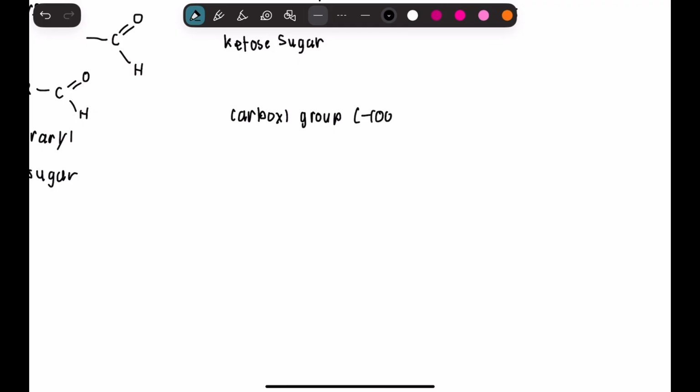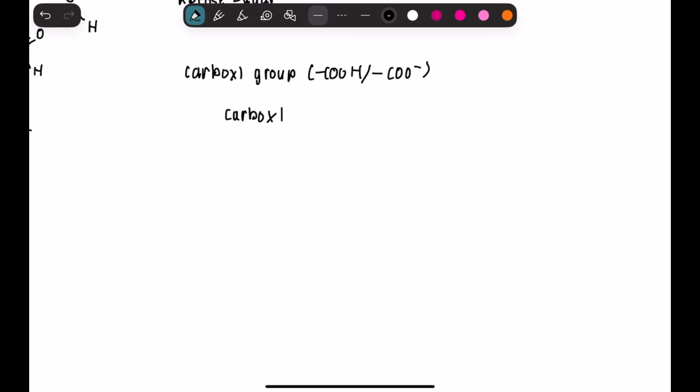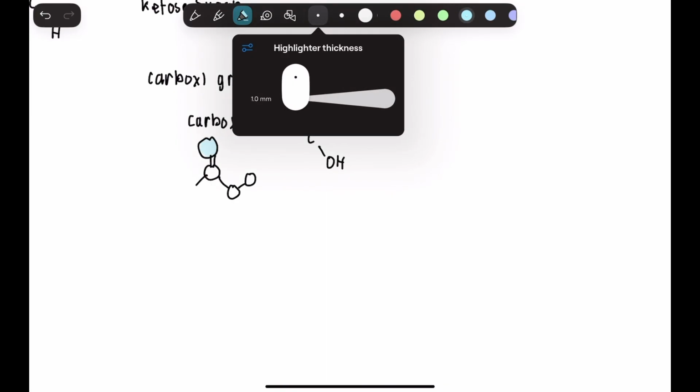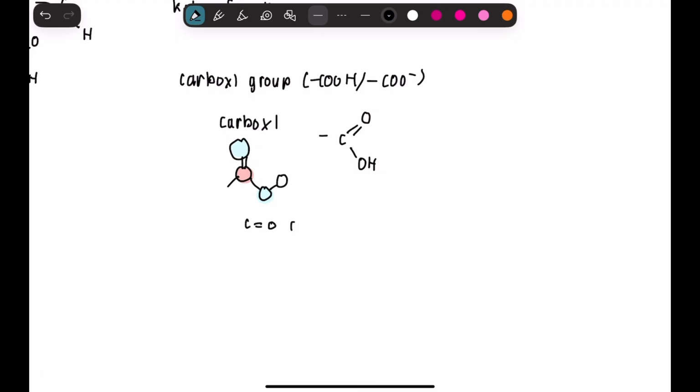That's going to be COOH or COO minus. For carboxyl, you have a CO and an OH on the same carbon.